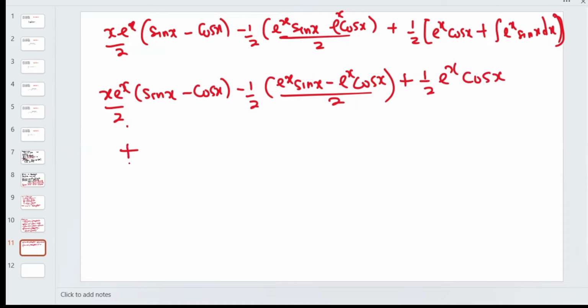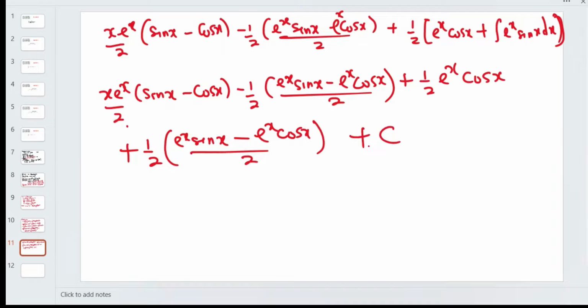plus half. Now, you will recall that we've actually integrated this, and this is also giving us the same thing, sine x minus exponential x cos x over 2, right? So I'm going to add my integral constant plus c, right? Now, are we done? No, not yet. So if you look at this term and this term, you'll notice that they are the same.